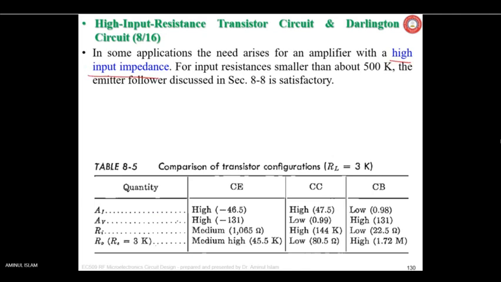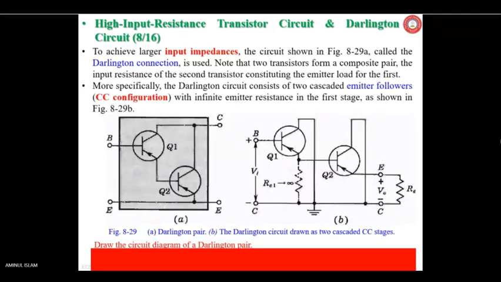For input resistances smaller than about 500 kilo ohm, the emitter follower, that is CC, is satisfactory. The emitter follower has a high input resistance, 144 kilo ohm, so it may be useful, but if higher than that is required, then we have to use some other configuration, called the Darlington pair.